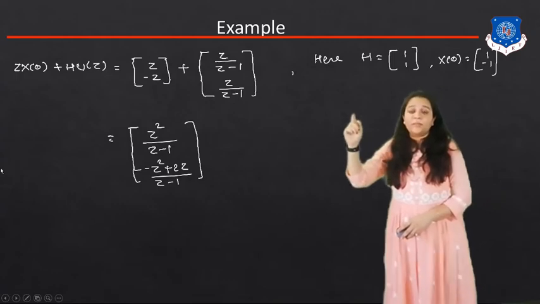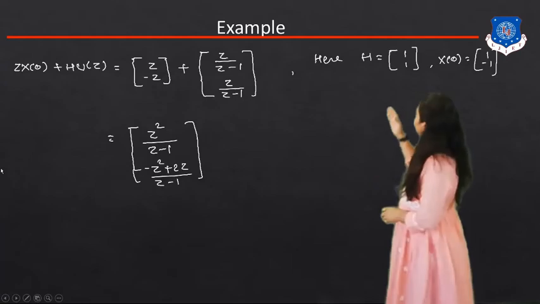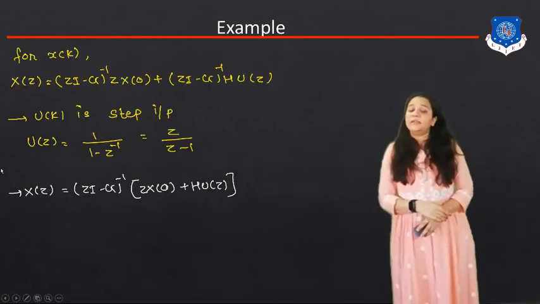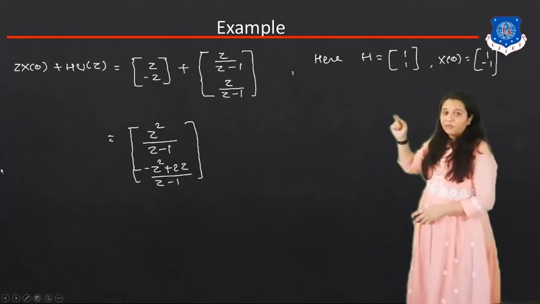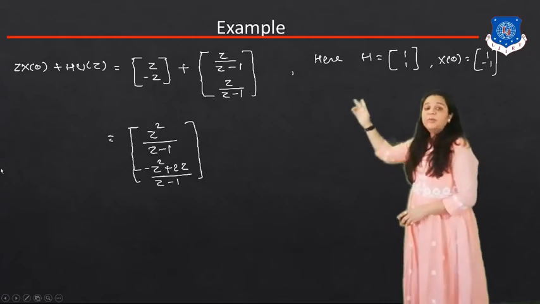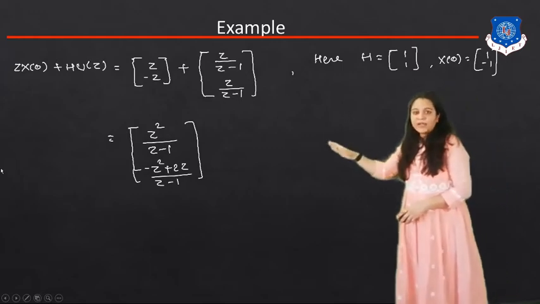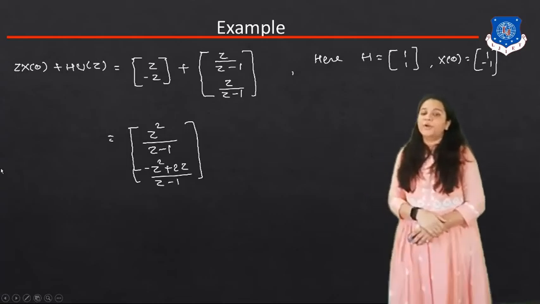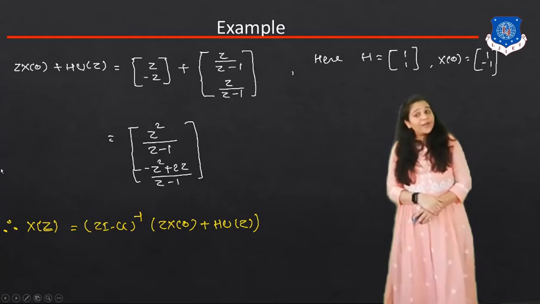So we can get the matrix z, minus z, plus the H matrix is given, that is 1 1, and u of z we found, it is z upon z minus 1. So z upon z minus 1 into 1 1 gives z upon z minus 1, z upon z minus 1. Now simply we have to add these two matrices. We can get z square upon z minus 1, and the second term is minus z square plus 2z upon z minus 1.